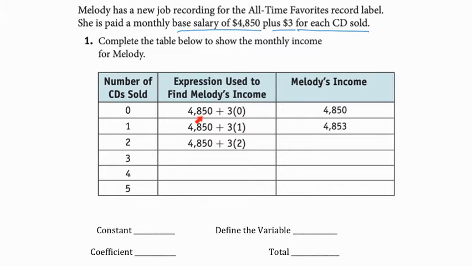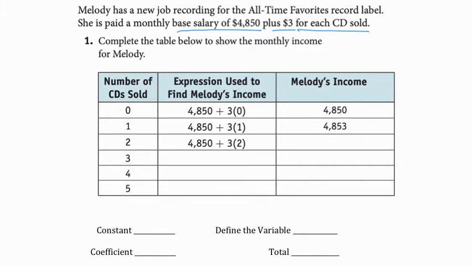So we started out, if she doesn't sell any CDs, she's going to get the $4,850 base salary. That's a given. She gets that every single month. But she is not going to get any additional money because she wouldn't get that $3 extra for selling a CD. She sold none. So that just is her base salary of $4,850.